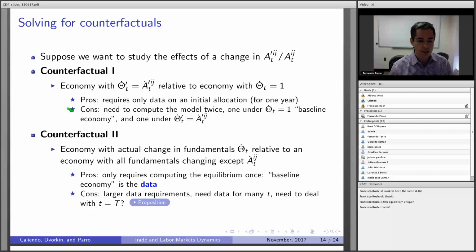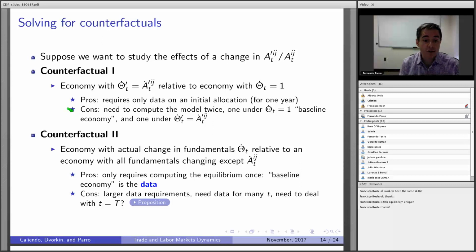other than productivities in China. In counterfactual 1, we assume that all other fundamentals are going to be constant. And therefore, in counterfactual 1, we solve for a baseline economy where all fundamentals are constant relative to a counterfactual economy where all the fundamentals are constant except for productivities in China.